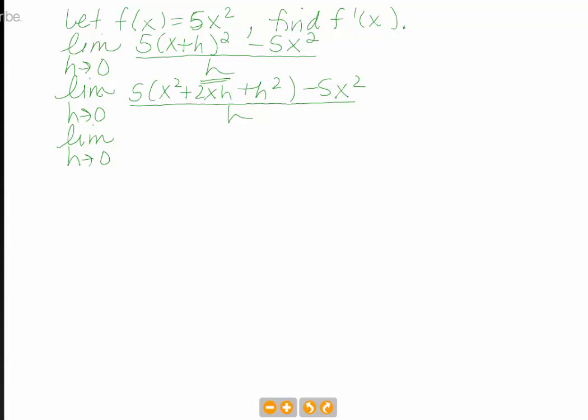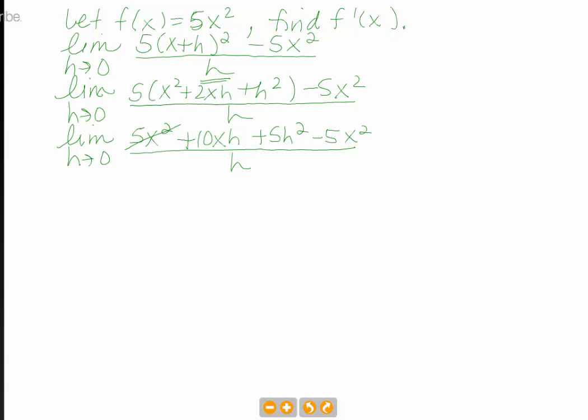Again, I try to plug in h to be 0, and I'm still getting something undefined, so I need to do some further work. So 5x squared plus 10xh plus 5h squared minus 5x squared all over h.